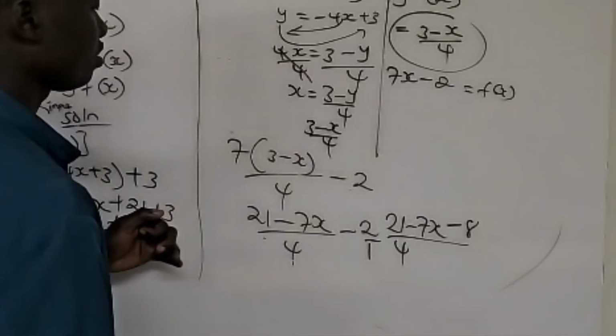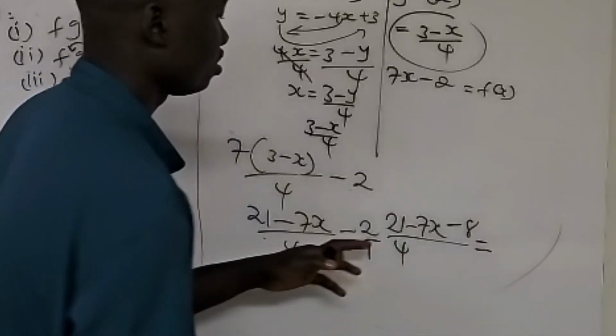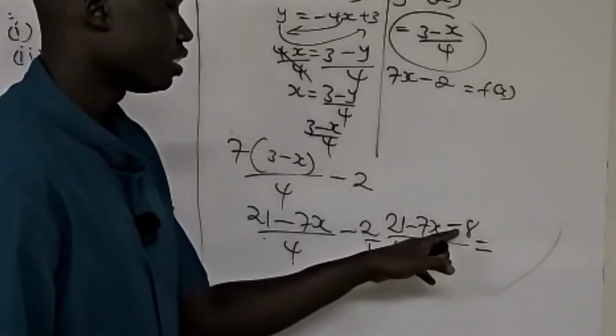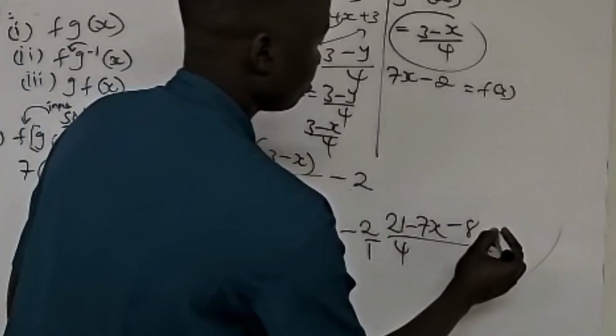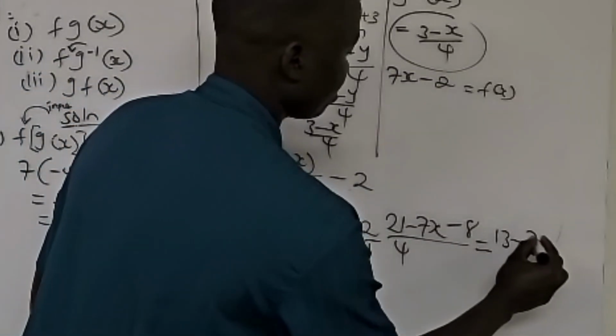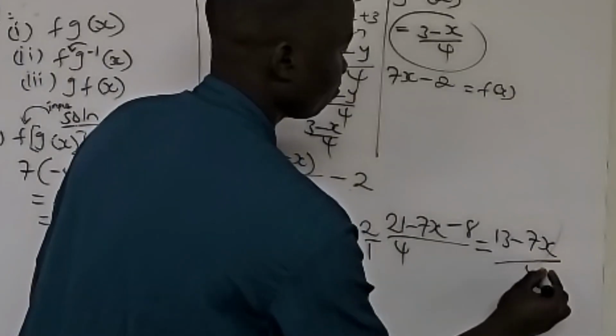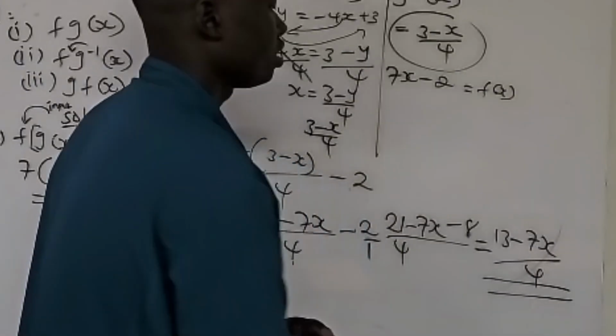So 21 minus 8 is 13. So we have 13 minus 7x over 4, and this is our final answer.